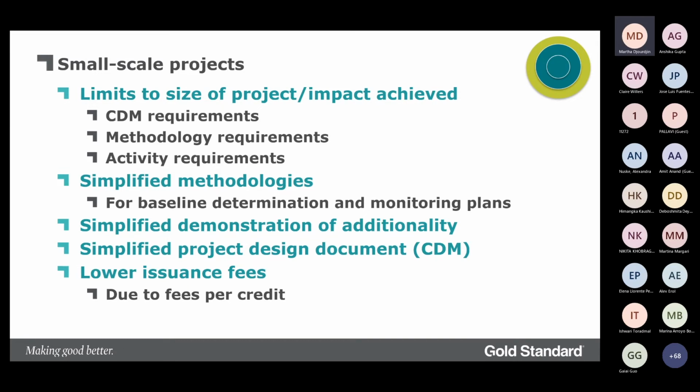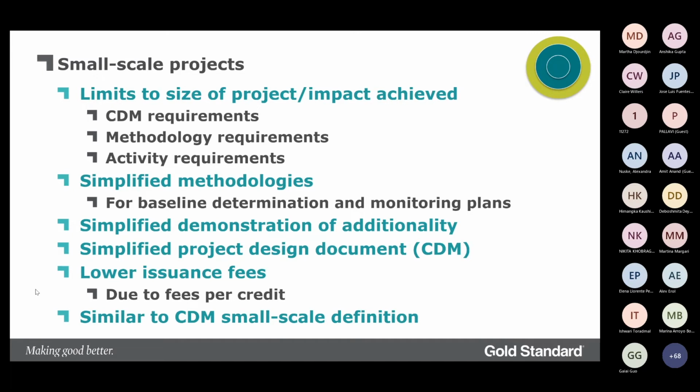Also, if there's underperformance of the project, then the fees would also be lower, proportionally. So all in all, the small scale definition in Gold Standard is very similar to the CDM small scale definition, except if there's anything written in the activity requirements or any specific methodology that is developed by Gold Standard.